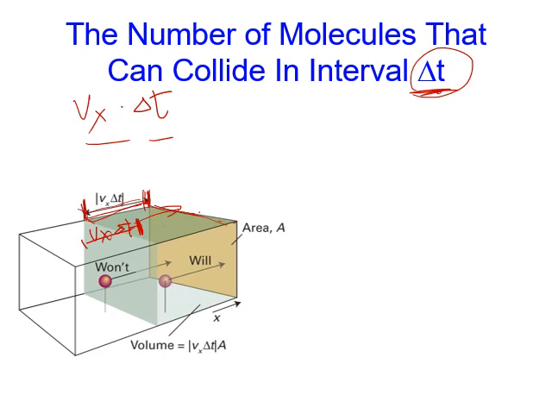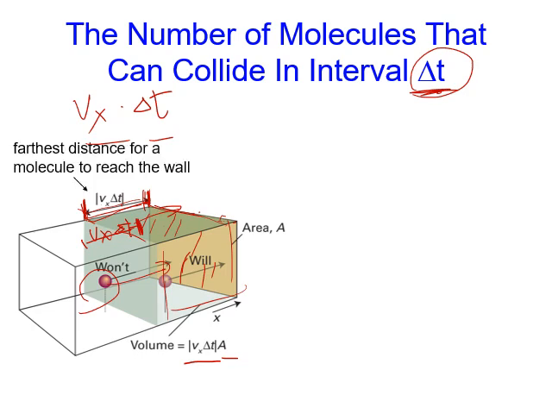What's the volume of the molecules that can collide with the wall? It is the distance times area A, so vx delta t times area is the volume. Any molecules inside this volume have the chance to collide with the wall. Any molecules outside this volume don't have a chance to collide with the wall.